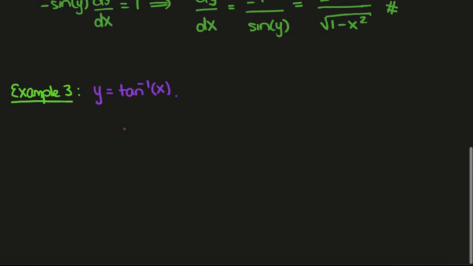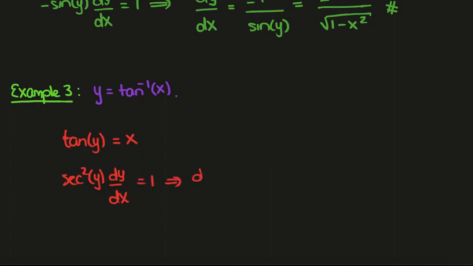Finally, for arctan, we take tan y, we'll get x. The derivative of tan is sec squared, so we'll get sec squared y dy dx is equal to 1.